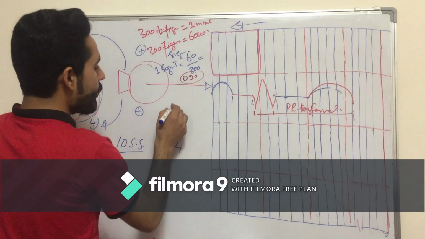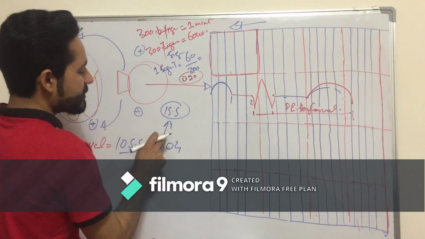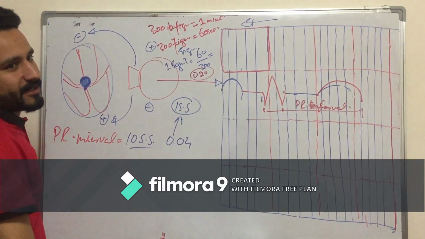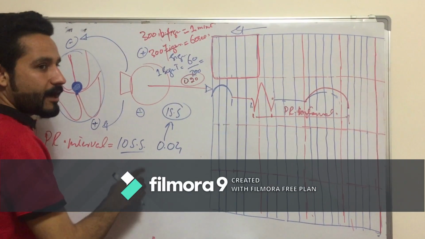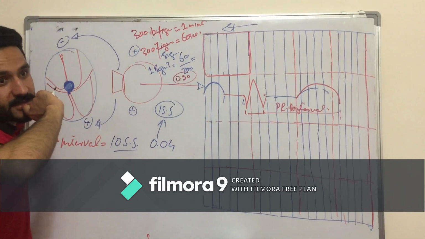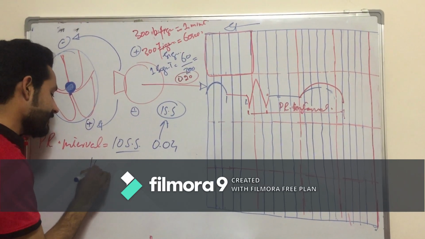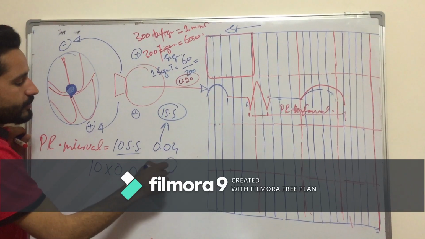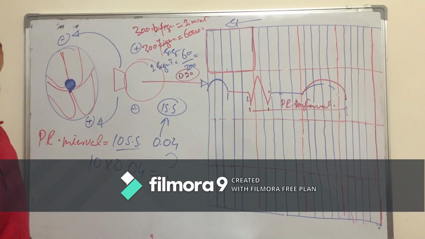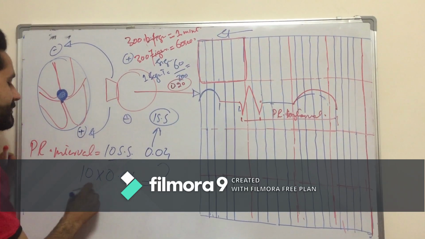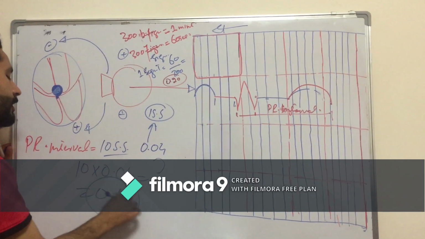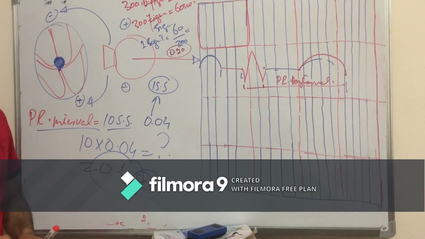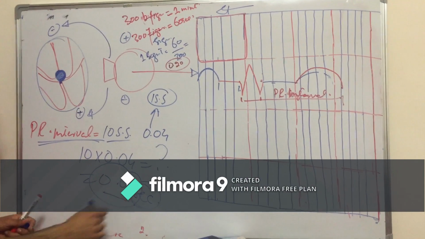This time is taken by one small segment. Now 10 small segments will take how much time? 10 multiplied by 0.04, which is 0.4 second. So the PR interval will take 0.4 second.